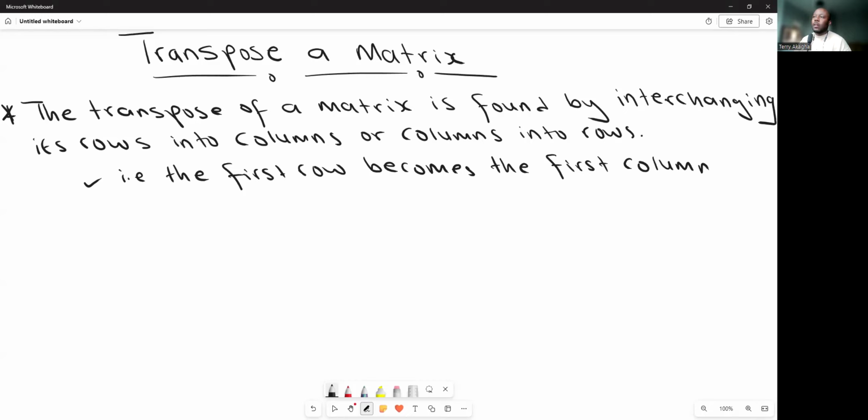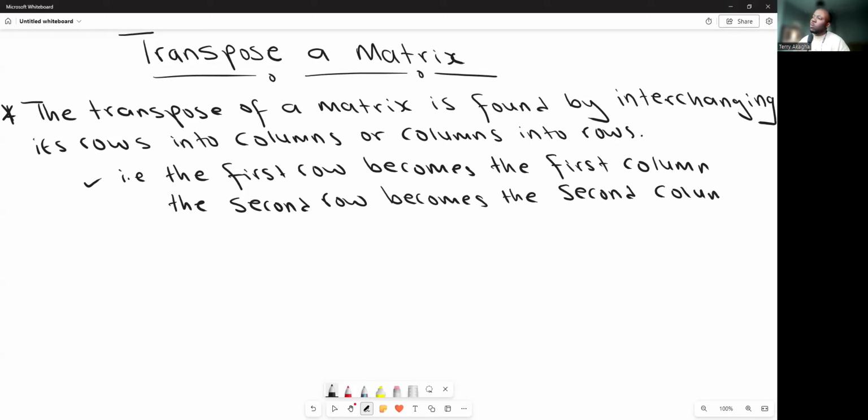Then the second row also becomes the second column. And you keep going that way. So the third row becomes the third column, and the fourth row becomes the fourth column, and you keep on going that way.